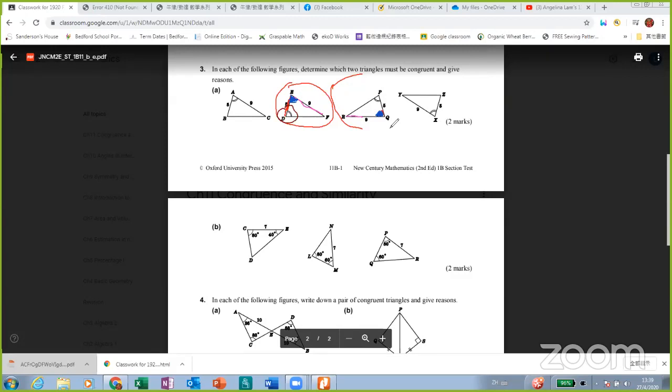For these two triangles, it can be a problem, because if angle E and angle Q are different, one is smaller, one is bigger. Do you know what I mean? It means I can have the same length with a bigger angle here. These angles can be changed in this way.